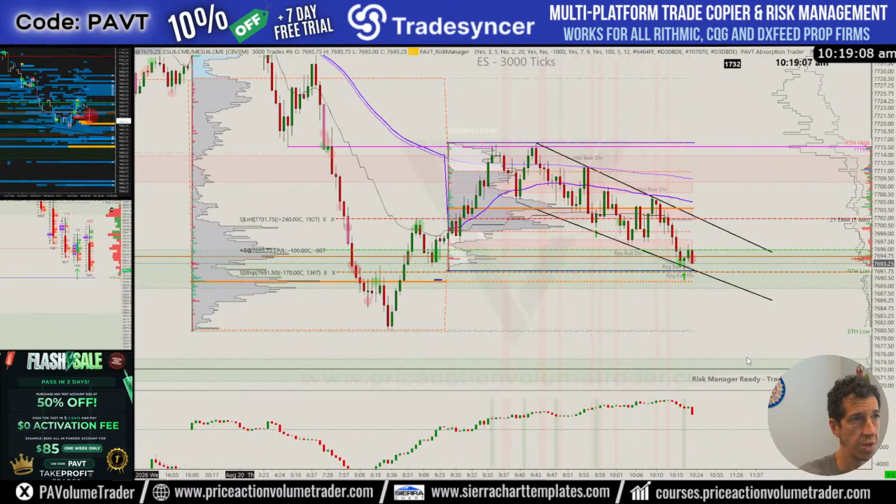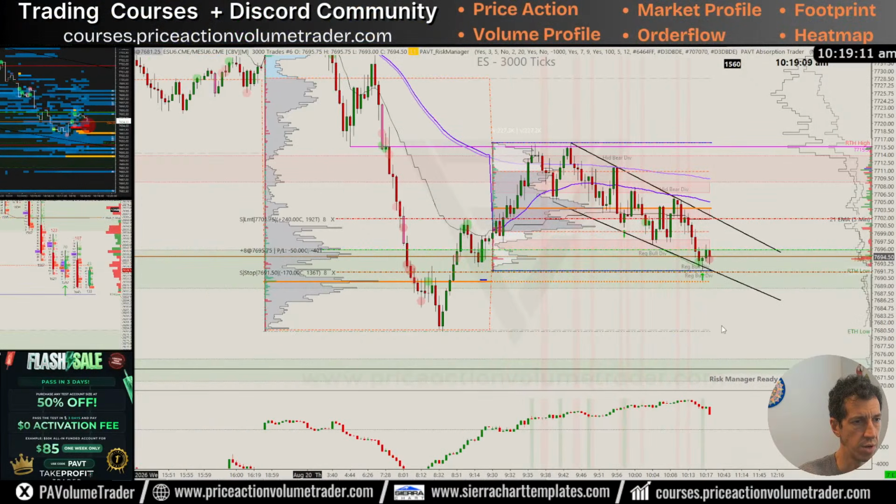As long as we're holding this absorption and this low volume node zone.